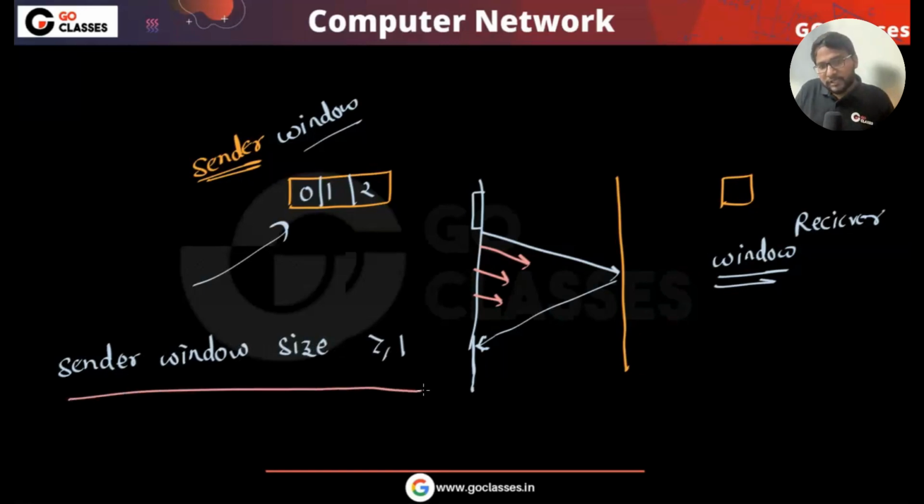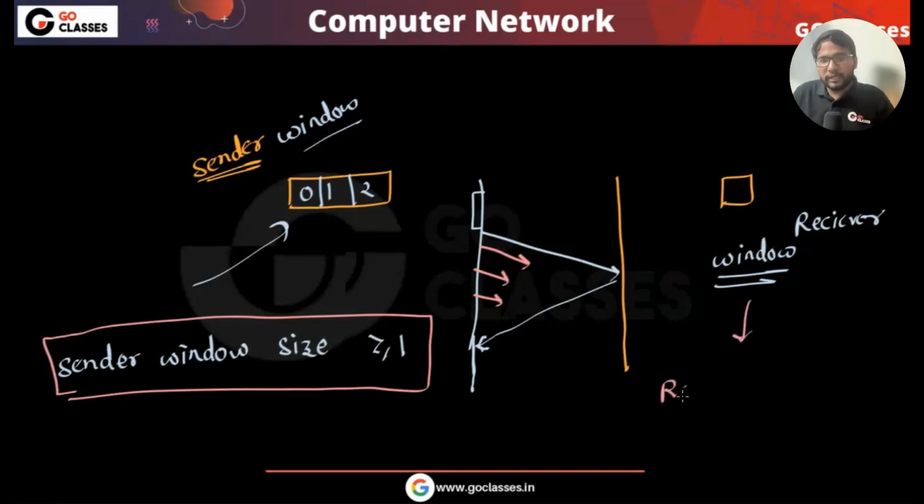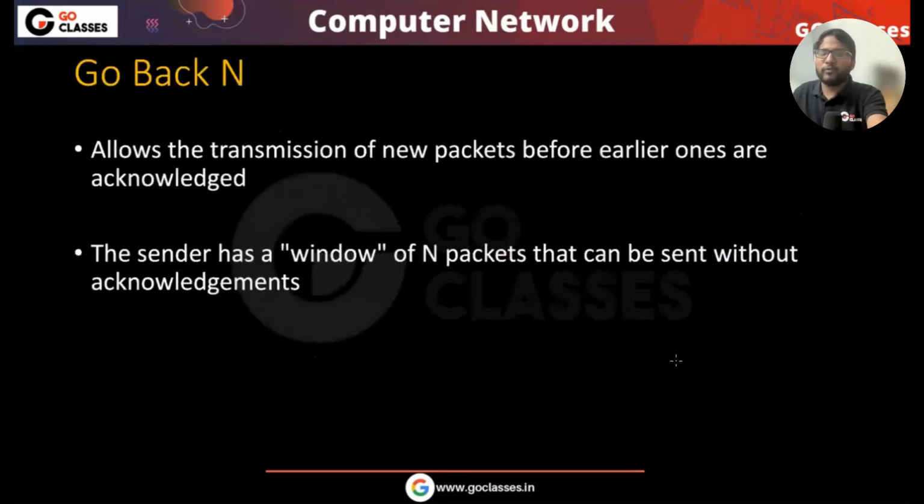The sender window size can be greater than or equal to 1. Can it be 2? Yes, 2 is allowed, 3 is allowed, like that. So all of this is allowed. Can the receiver window size be greater than 1? The answer is no. So the receiver window size is always 1 in go back n. What do these things mean? You will get to understand, don't worry. So here the receiver window is always 1.